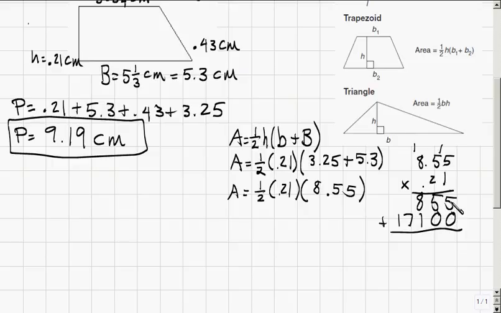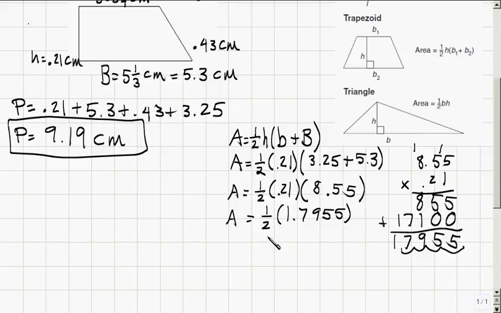Adding our columns up, 5 plus 0 is 5, 5 plus 0 is 5, 8 plus 1 is 9, 17. 17,955. Now since we have 4 numbers behind the decimal point, we'll move an imaginary decimal point 4 times to the left. 1, 2, 3, 4. That means 0.21 multiplied by 8.55 becomes 1.7955.